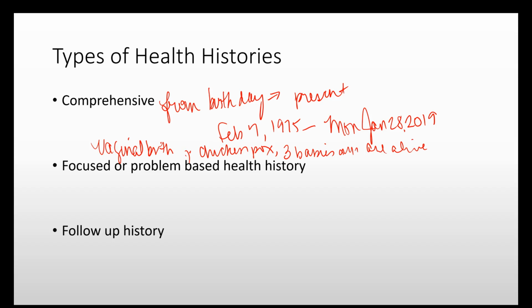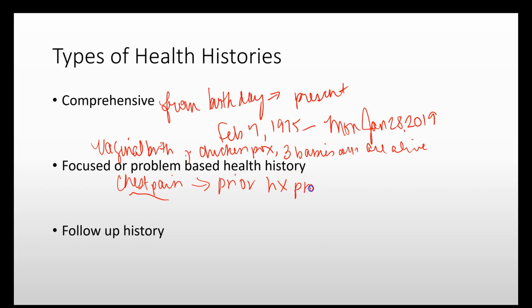Our focused or problem-based health history is just relevant to what's going on right now. If your patient has chest pain, our health history is going to be related only to the chest pain. So we're going to want to know if they have any prior history (HX is history, by the way) of any heart problems.